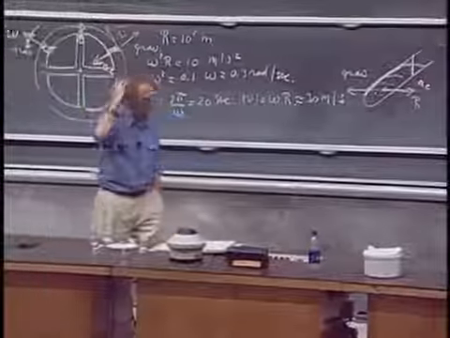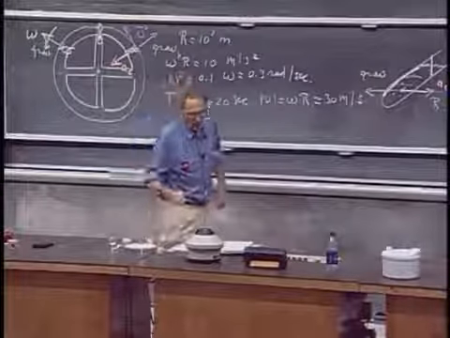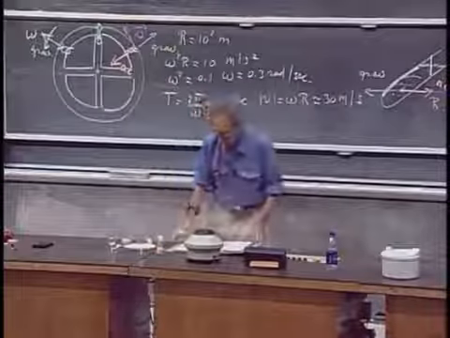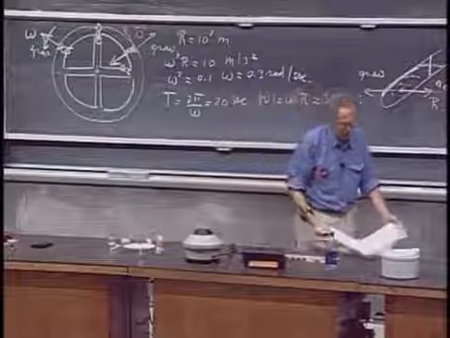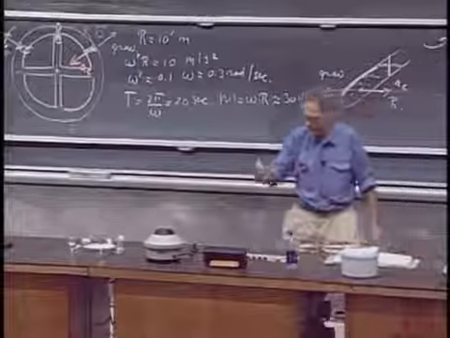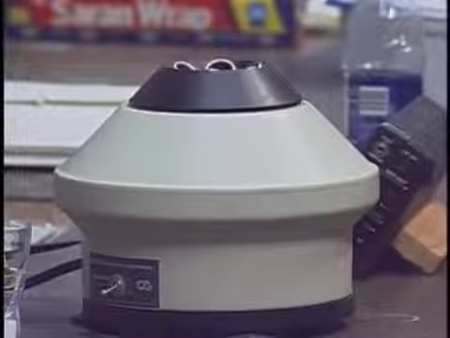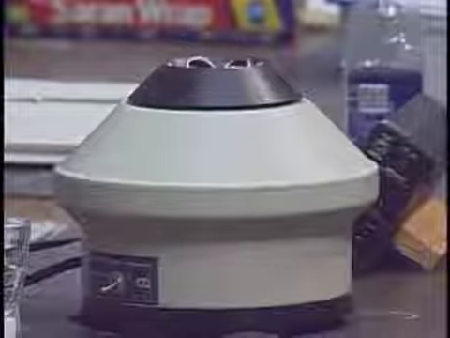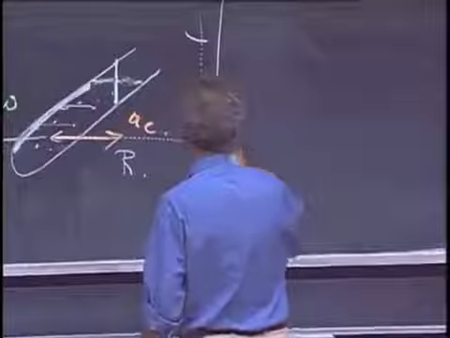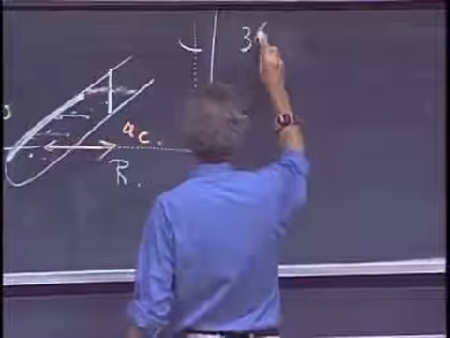But before I do that, I want to give you some numbers. Here we have a household, simple, nothing special centrifuge that is used in any laboratory. The centrifuge that we have runs at 3,600 RPM.